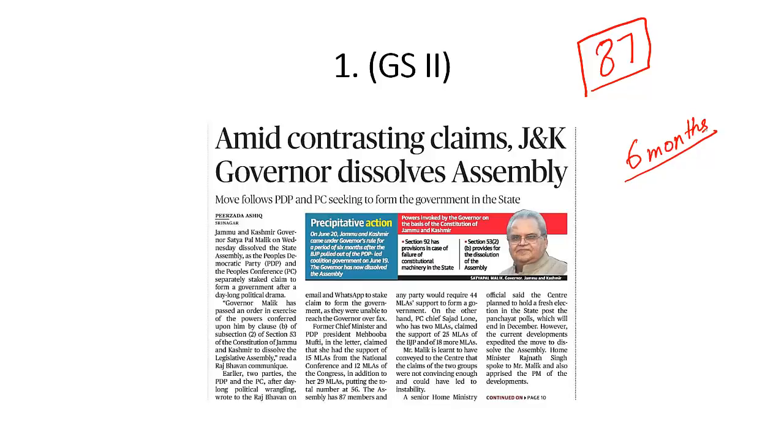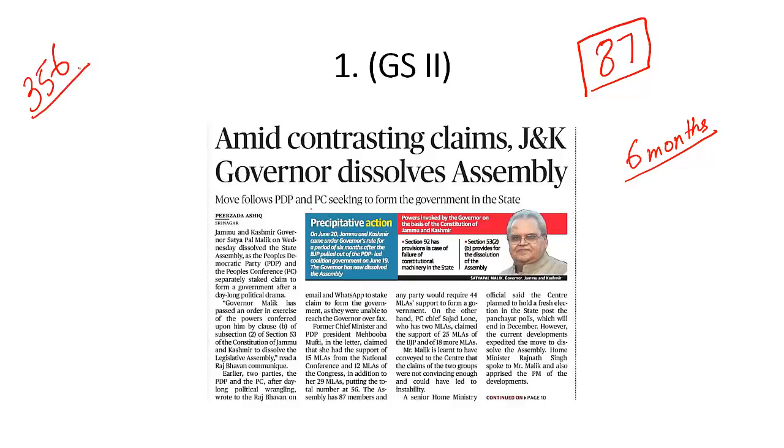After the completion of this 6-month period, if the situation is still such that there is no political party in a position to form the government, then what can the governor do? The governor can recommend to the president the imposition of president's rule under Article 356 of the Indian Constitution.